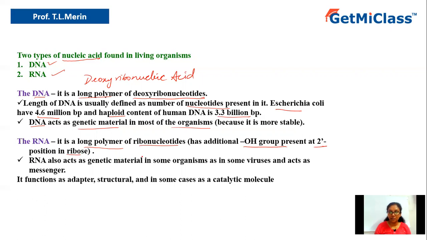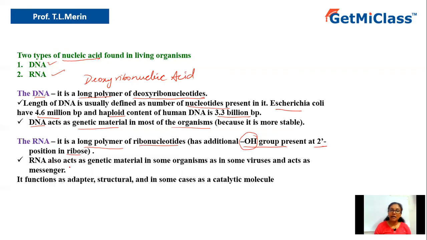When we learn the structure, you will see the OH group at the 2' position in RNA, whereas in DNA at the same position there is only hydrogen, so there is removal of oxygen in DNA.